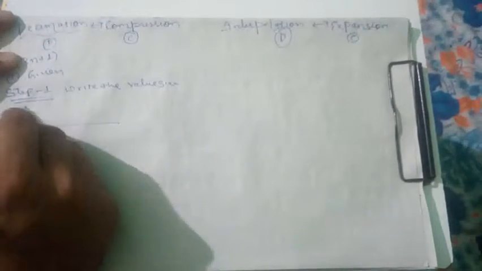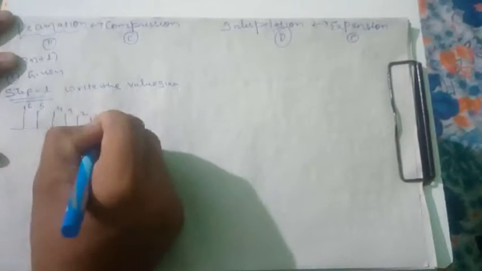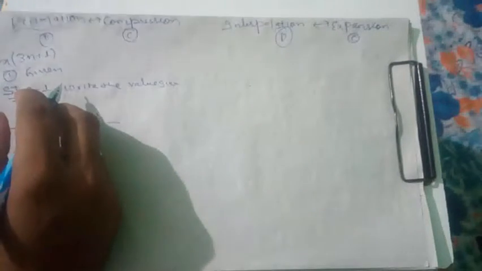Like for this question it is given 6 5 4 3 2 1.